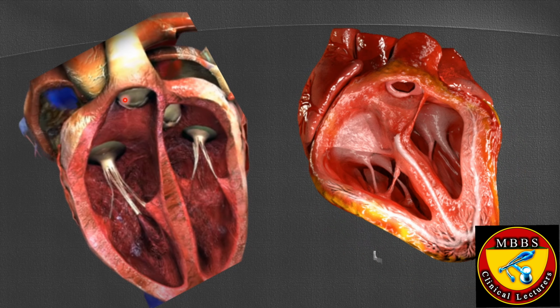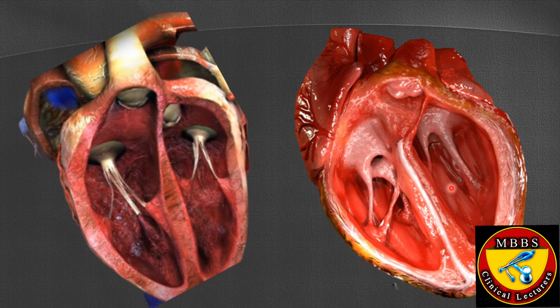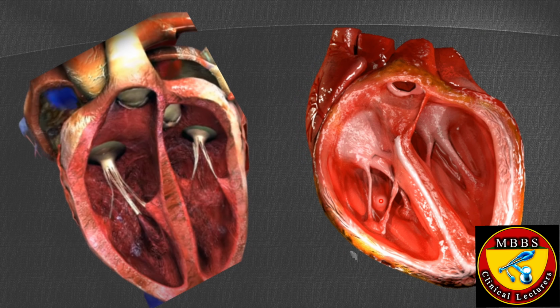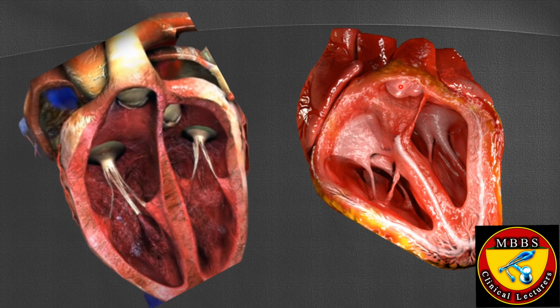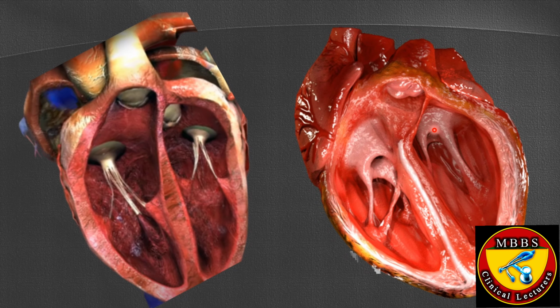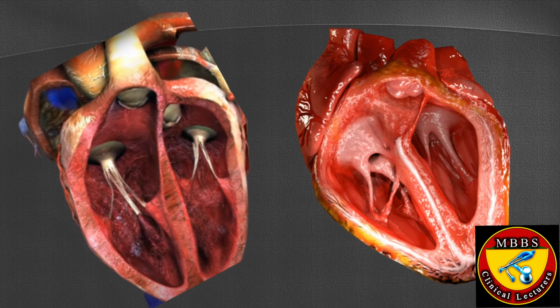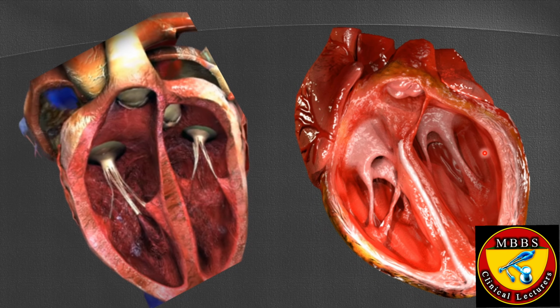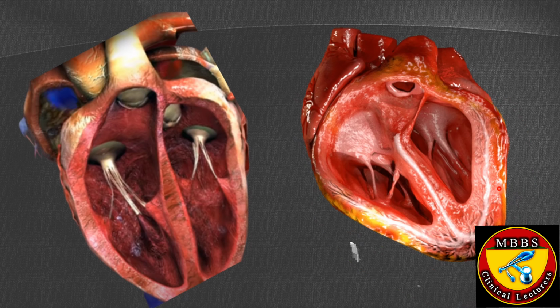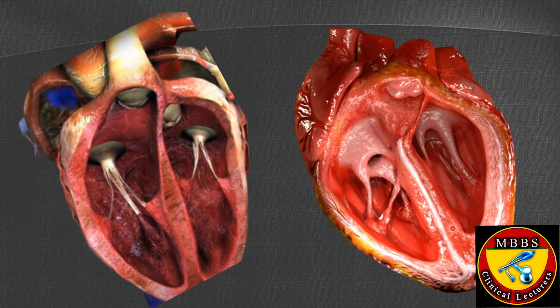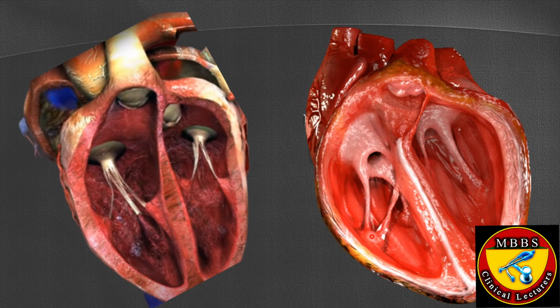So there is more force applied on the left side as compared to the right side, because the right has to push into the low pressure vessels and the left side has to push the blood towards the high pressure vessels. So that is why the workload of the left side is greater and the wall of the left side is 3 times thicker than the right side of the heart.